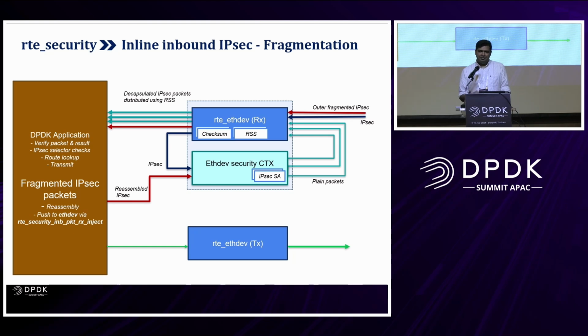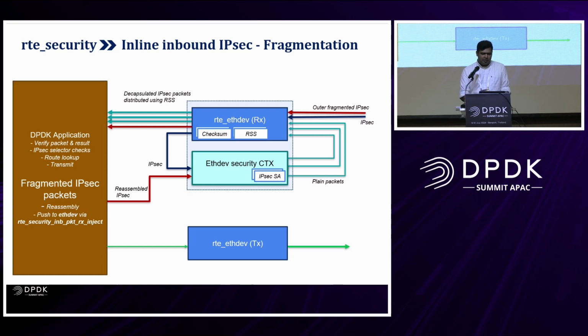Once the packet gets IPsec processed, as you can see from the diagram, it will get pushed back to RT Ethrev. If you are just pushing to regular RT Cryptodev, you enqueue and then the packets get received back in the application.